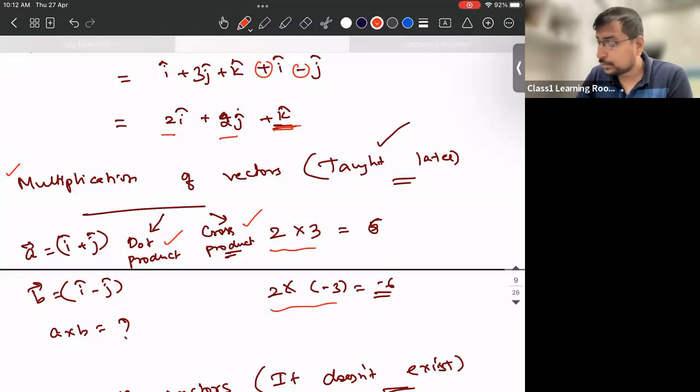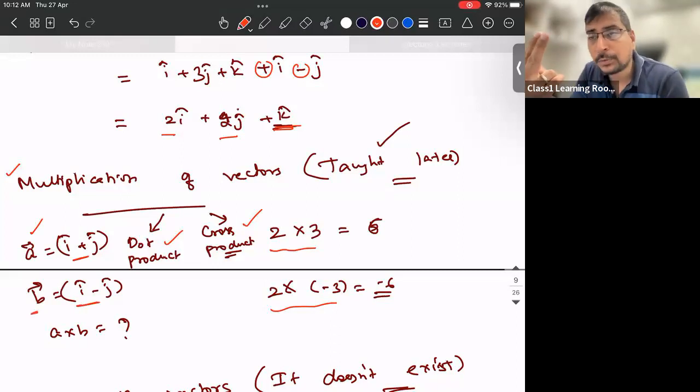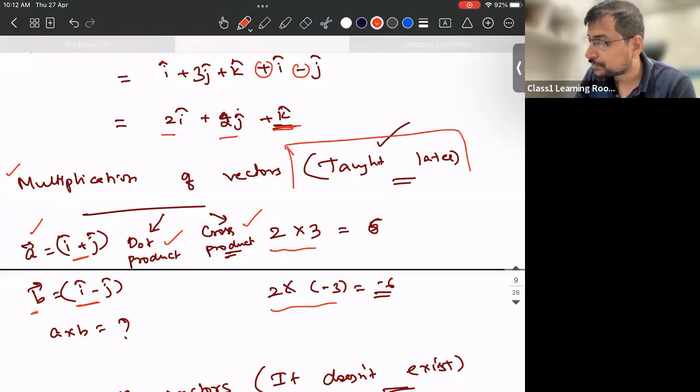Not like that. For example, a vector is i cap plus j cap and b vector is i cap minus j cap. Then you'll be performing two kinds of operations. One is called dot product, also called scalar product. And the second is cross product, which is also called vector product, about which I'll be teaching you later.